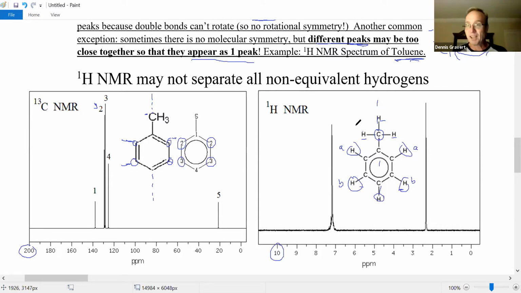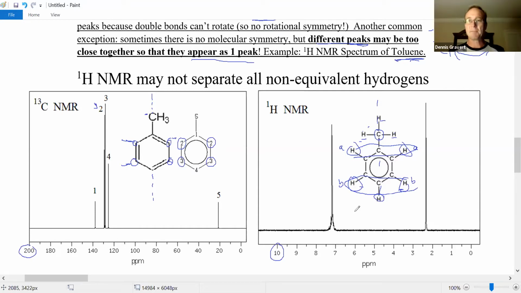Here we have 2 peaks, darn it. And how many hydrogens? We got 1, 2, 3, 4, 5, 6, 7, 8. There's 8 hydrogens. We only have 2 peaks. There's a lot of equivalent hydrogens. And in fact, there's some hydrogens that are not equivalent. Hydrogens that are marked with an A versus hydrogens marked with a B. They're not equivalent, but they're also overlapping. Darn it. Just something to look out for.